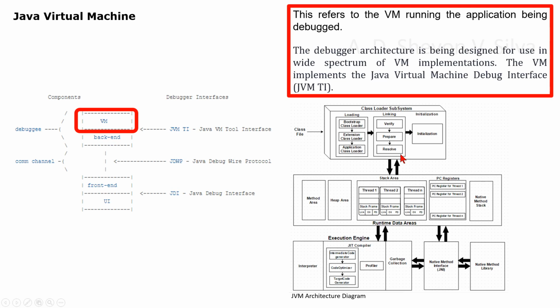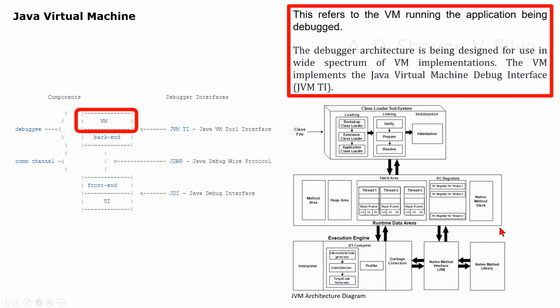Resolve. All symbolic memory references are replaced with the original references from the method area. Initialization. This is the final phase of class loading. Here all static variables will be assigned with the original values and the static block will be executed.